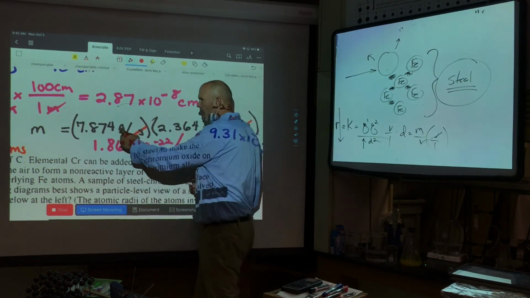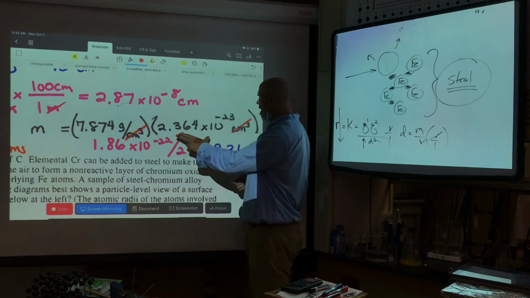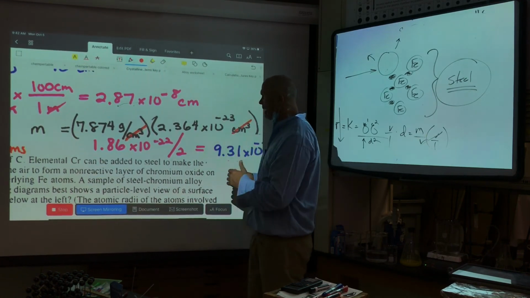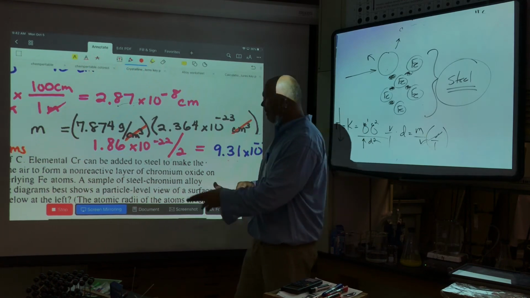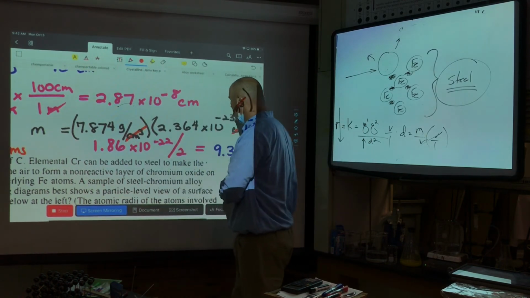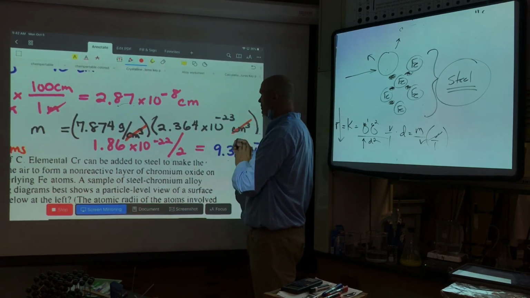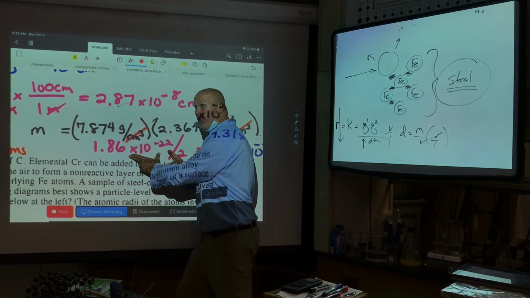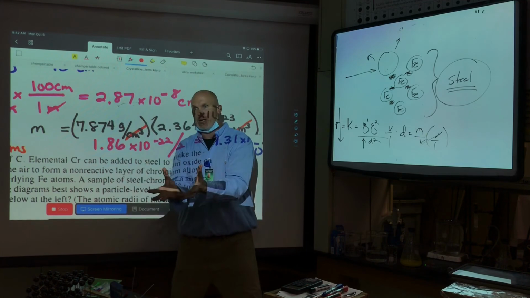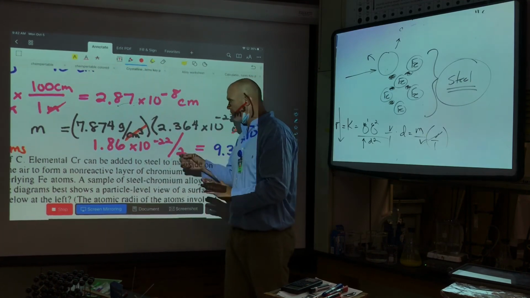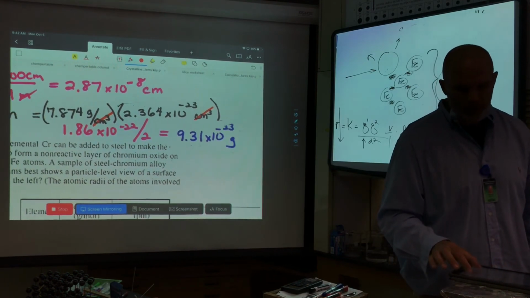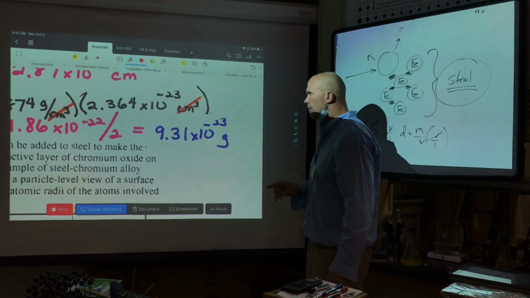Got my density in grams per centimeter cubed. I got my volume in centimeters cubed. Centimeter cubes cancel. Put this in my handy dandy calculator. And I get 1.86 times 10 to the negative 22, of course, grams, because everything goes. But this would be the grams of 2 atoms in a body center. Divide by 2, and now I have the mass, going to be small, of 1 atom.